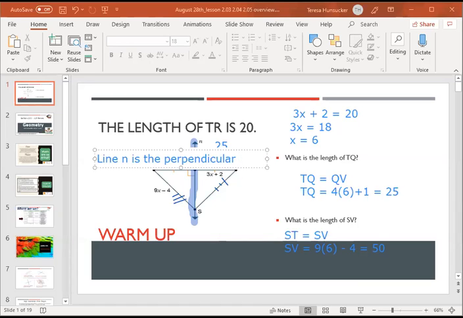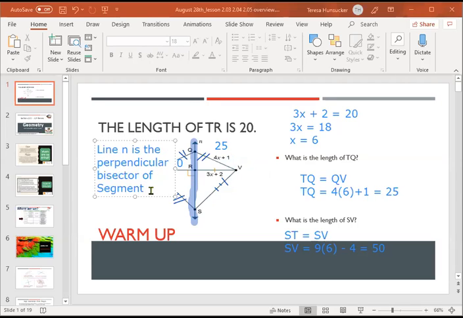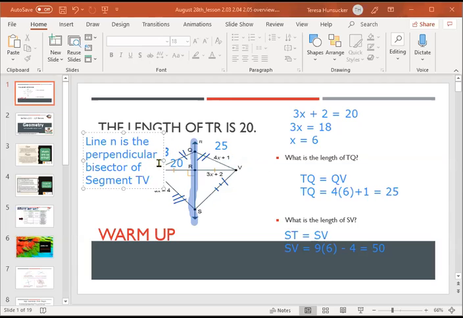Is it Austin Powers groovy? Good, you're good. All right, so line N is the perpendicular bisector of segment TV. Can you remember those words? Perpendicular bisector of segment TV. Okay, so let's remember that.